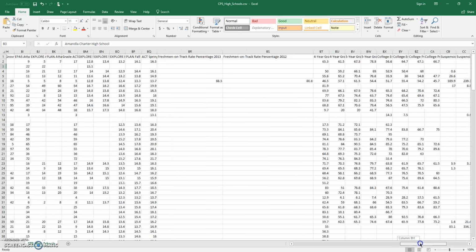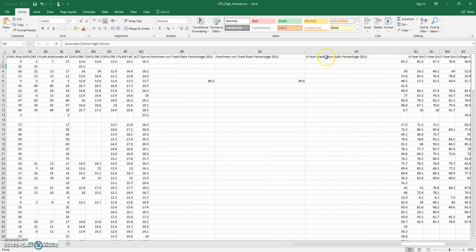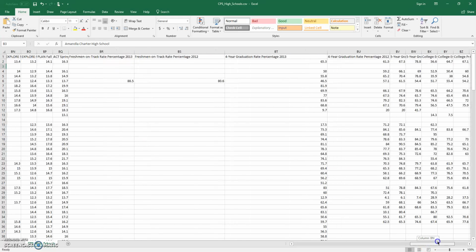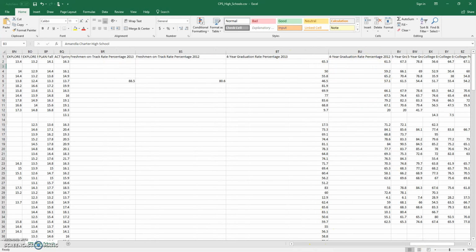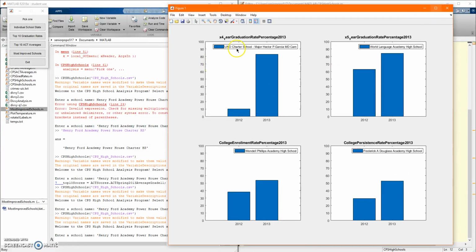So moving over here, we have the 4-year graduation rates for 2013 and the 4-year graduation rates for 2012. The final section calculates the difference between the 2012 and 2013 values and outputs that as a graph.